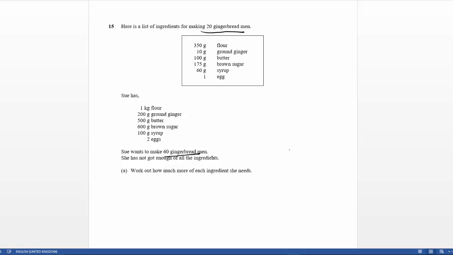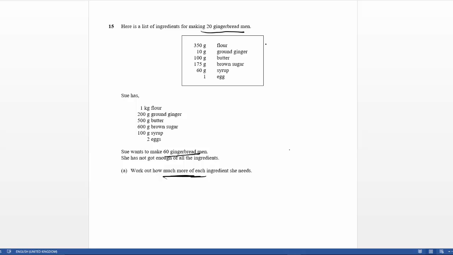So what we're going to do, they're not saying for you first of all to find out how much you need. The question is actually saying how much more do I need. So let's work that out. If this is the recipe up here for 20 gingerbread men, Sue wants to make 60.